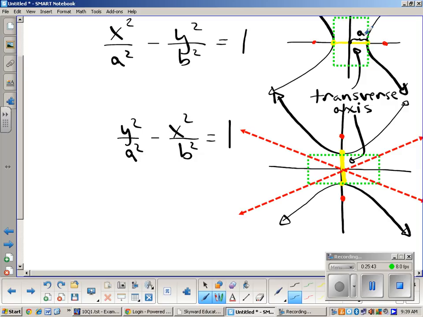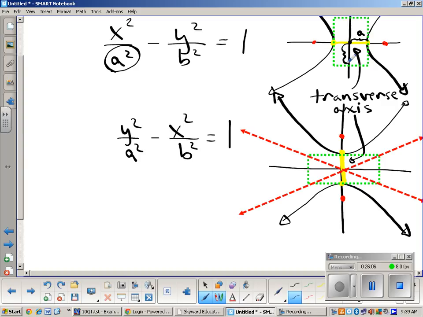X. And so notice that A was along the x-axis, wasn't it?